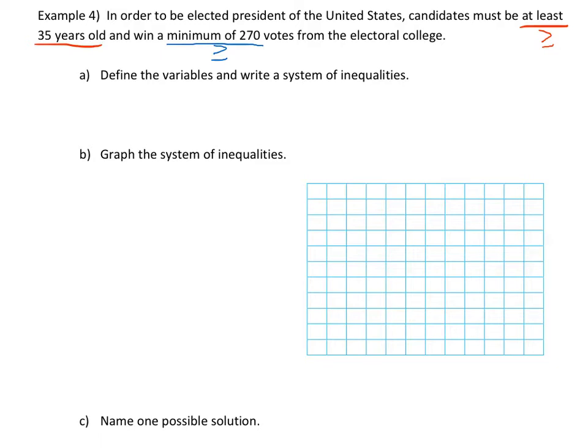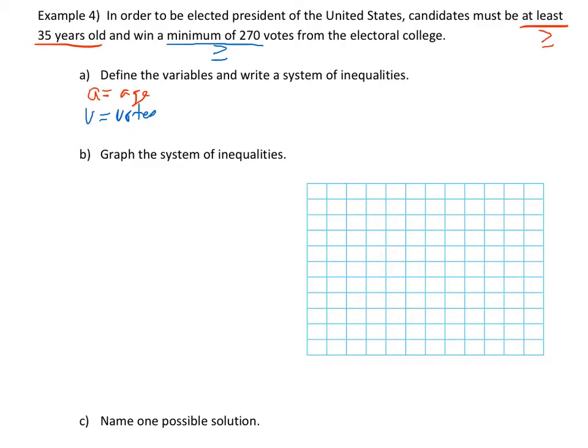So our first part says define the variables and write a system of inequalities. So let's define the variables. So we'll use A for age, and we'll use V for votes, and see what these would look like.